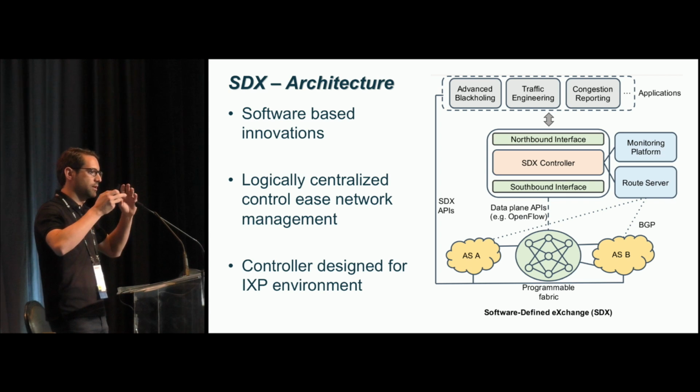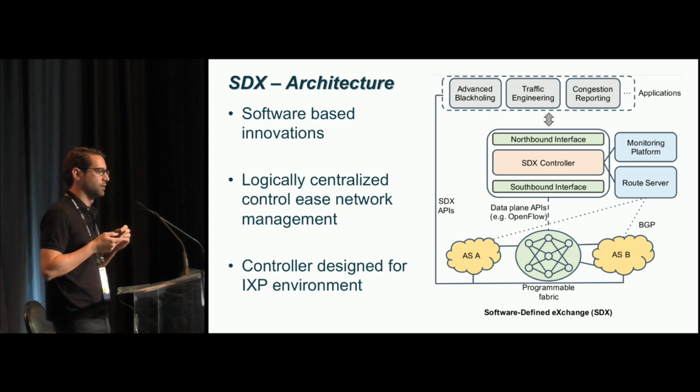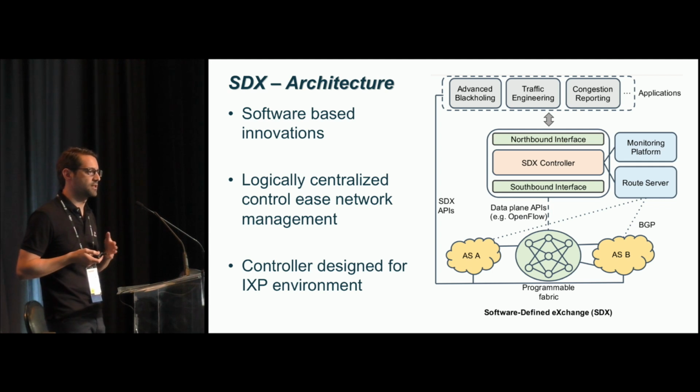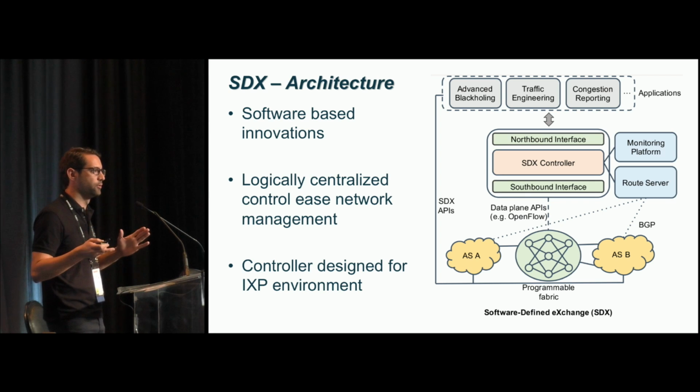This controller is able to have full control, steering the traffic, or the frames in this case, across the IXP, and always has a full view of the state at the IXP. So you could steer different flows differently and differentiate different kinds of traffic or customers or whatever you want. So you have a central controller instance.